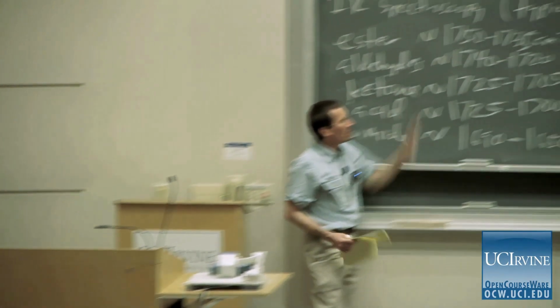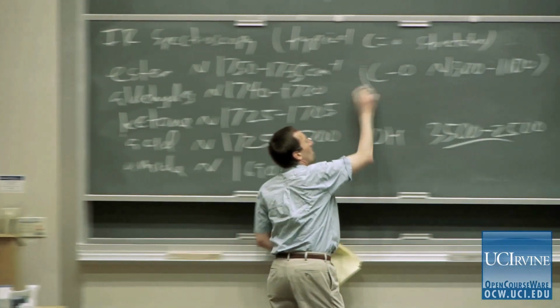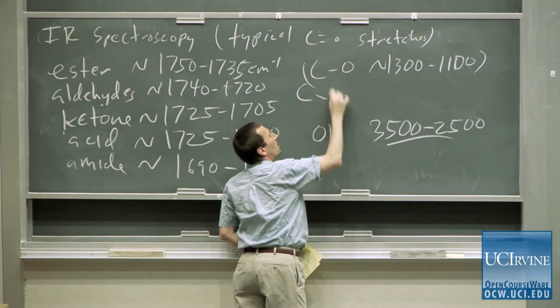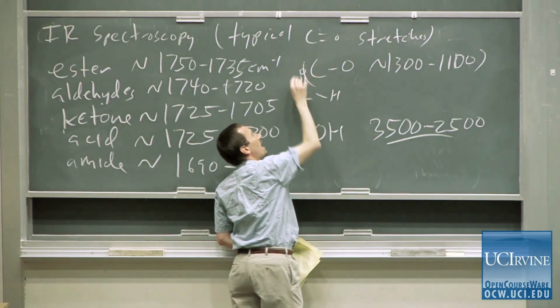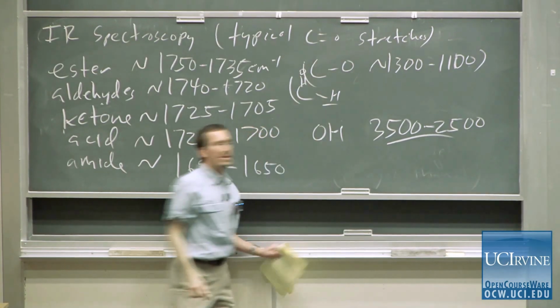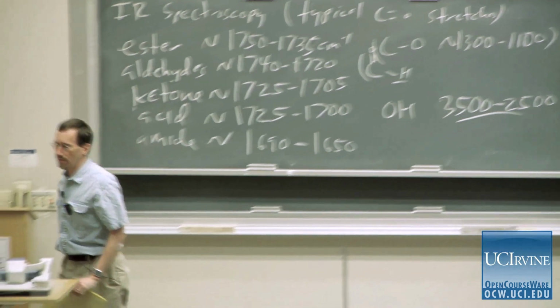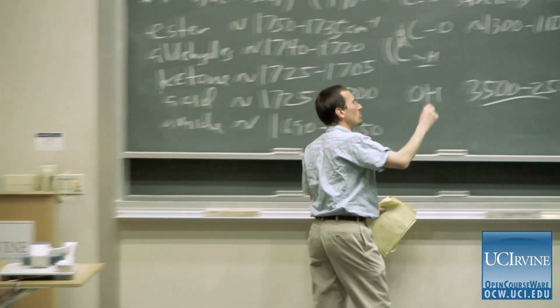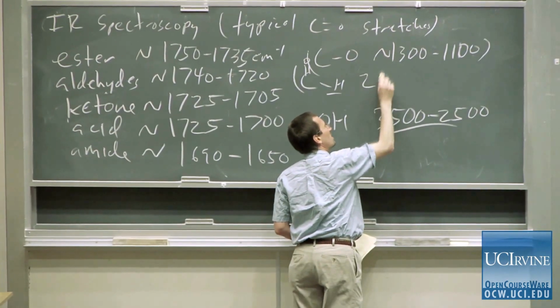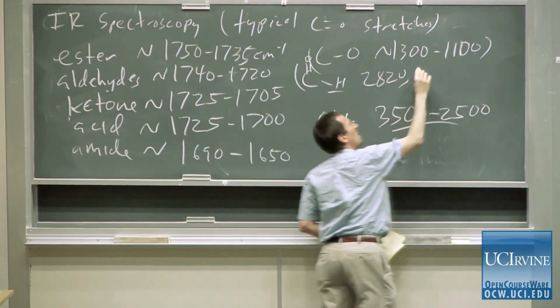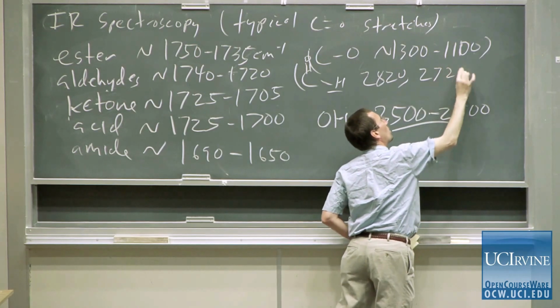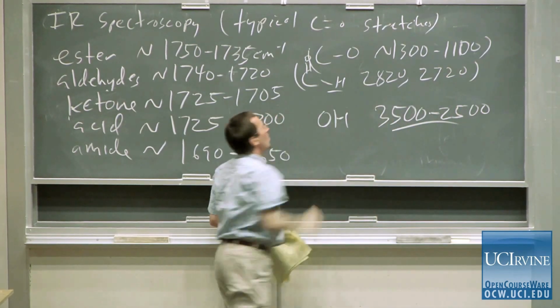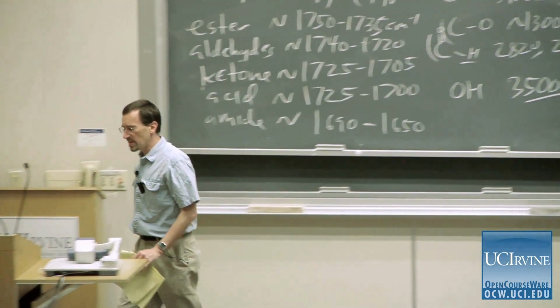Aldehydes also have little hints. For example, the aldehyde hydrogen gives you a couple of bands from the CH stretch. The CH stretch typically shows up right at the lower edge of the CH stretching region, about 2820 and 2720, a couple of bands associated with it.